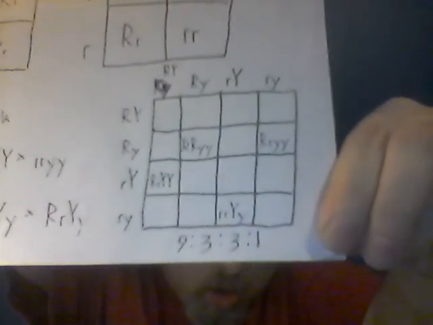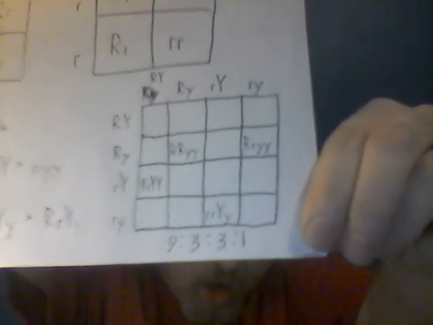Mendel did the math on this, and he predicted that his final result for the phenotypic ratio, what we would actually see in the offspring, would be 9 to 3 to 3 to 1. In other words, he predicted that you would end up with 9 plants that expressed the dominant condition for both, that is yellow wrinkly. 3 plants that were going to express dominant for texture but not for color, that is wrinkly and green. 3 plants that were going to express dominant for color but not for texture, that is smooth and yellow.